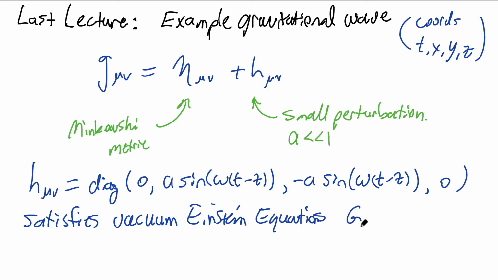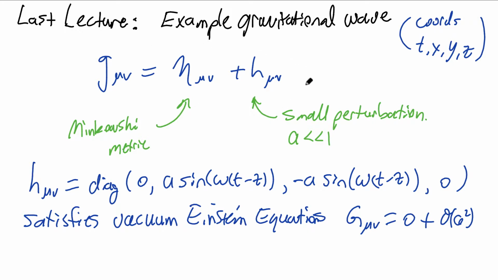So in other words, capital G mu nu is equal to 0 plus corrections of order a squared. These corrections are telling us that this metric, eta plus h, is an approximation to an exact gravitational wave solution. For the exact solution, the metric would have higher order terms in the parameter a, but in practice the parameter a is very small, on the order of 10 to the minus 21. So this approximation, where we drop the higher order terms in a in the metric, is really quite good.